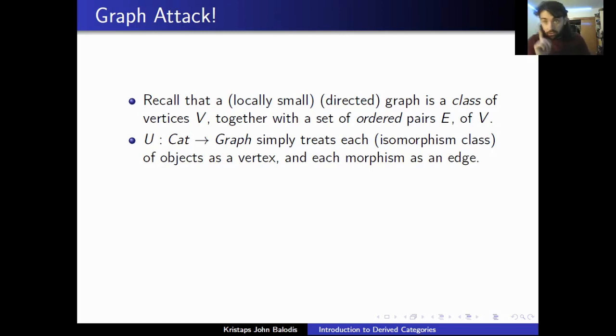Oh, I should remind you, a locally small category simply means your morphism sets are on the order of sets. So that's why we're allowed to define this functor, which just takes our isomorphism classes of objects, treats those as vertices, and then each morphism just becomes a directed edge.